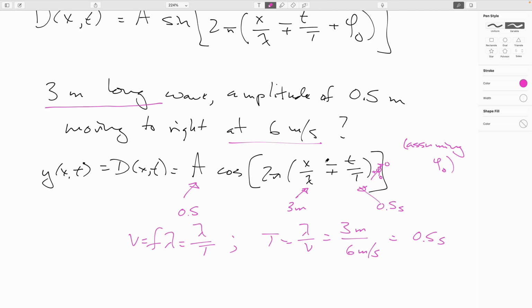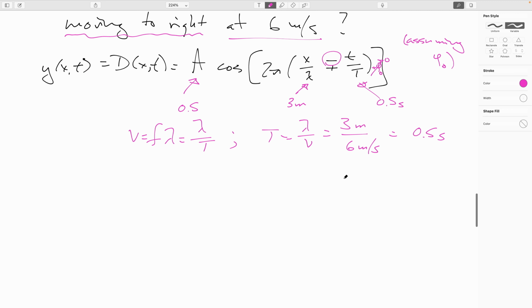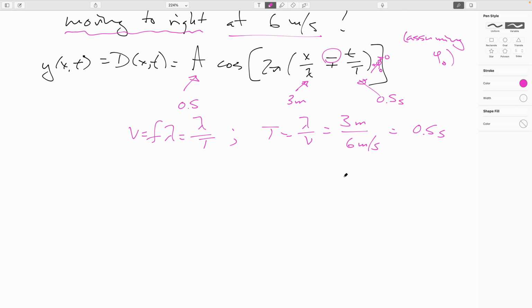Now all I'm left to do is choose between the minus and the plus, but they said moving to the right. So that means we pick the minus sign, because remember, you pick the upper sign if you're going to the right, the lower sign if you're going to the left. So with all that, I can finally write my function as 0.5 meters times the cosine, times the sine, my bad here.